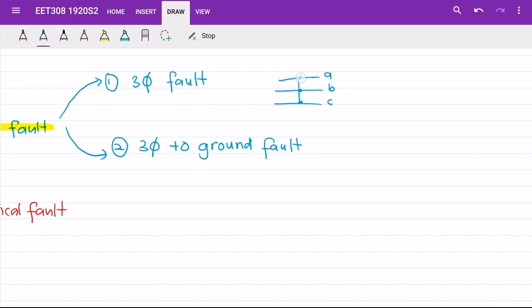So this is the three-phase fault. Meanwhile, for three-phase to ground fault, with the same lines A, B, and C, all lines are connected together, and these lines are connected to the ground. So this is the three-phase to ground fault.